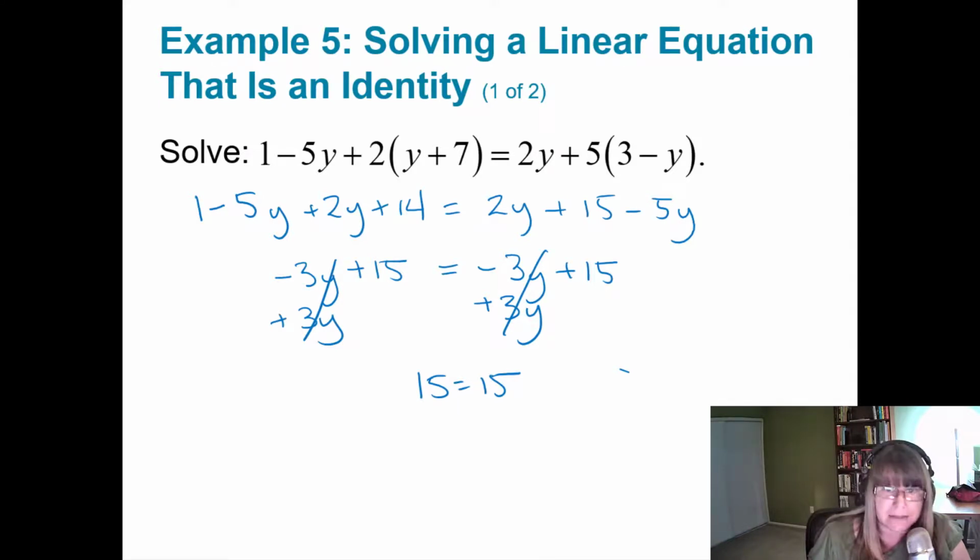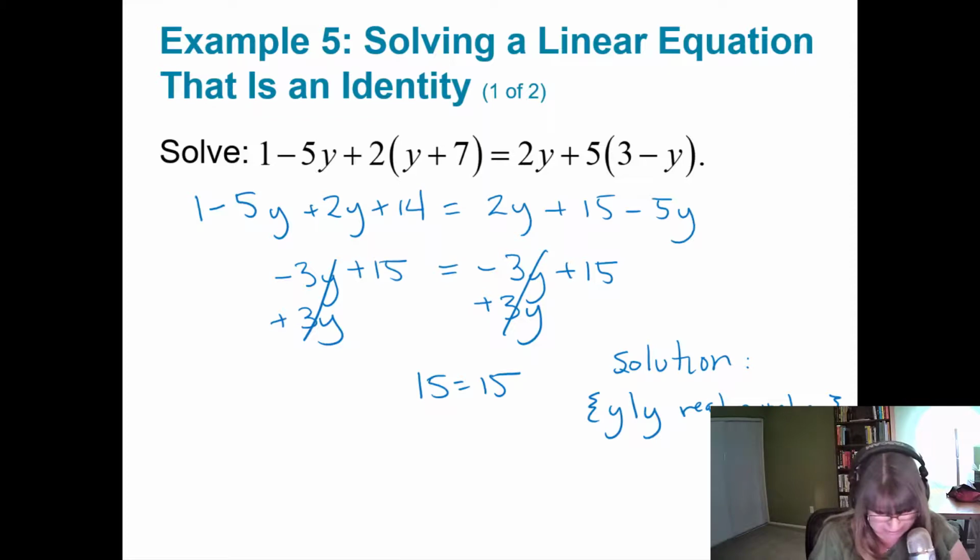In this case, 15 always equals 15, and therefore it's not dependent on the value of y. In fact, you can put any real number in for y, and you will get a true statement out. So the answer is y such that y is a real number. Any real number will make this solution true.